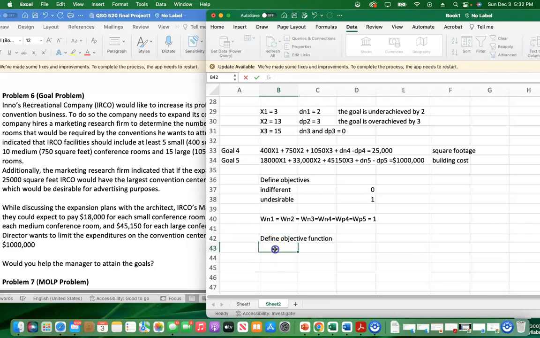The objective function in this case is to minimize the weighted sum of the percentage deviations.